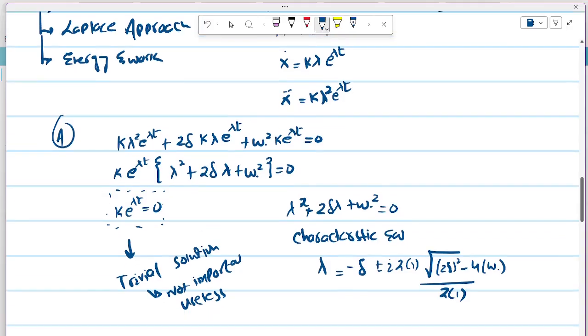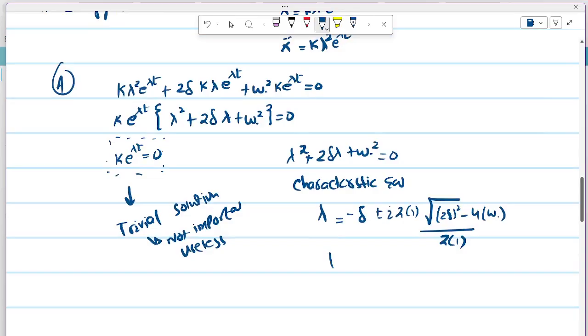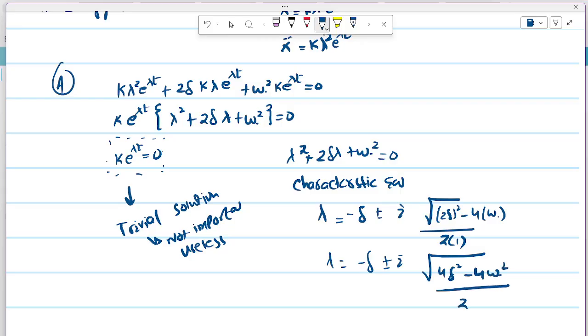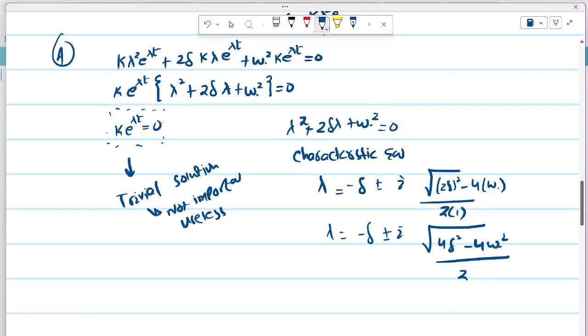So we can further simplify this one, minus lambda plus minus, we'll just take this out, that's extra 1, so it will be 4 lambda or delta square minus 4 omega square divided by 2, and you can just substitute this one.